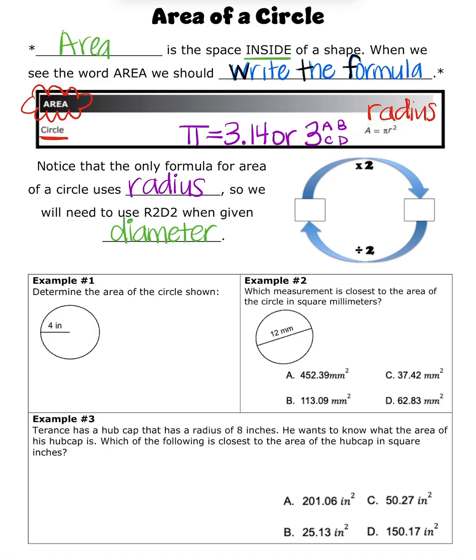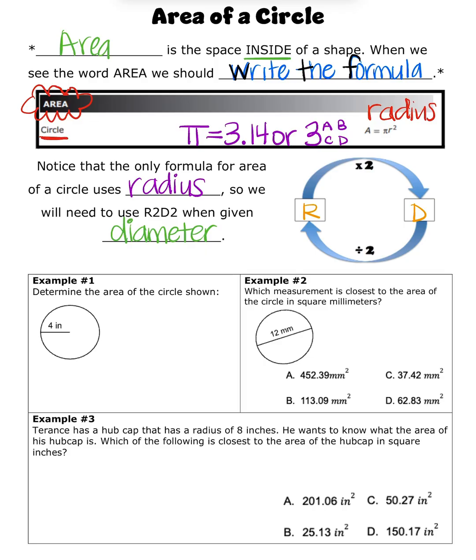So we will need to use R2D2. So remember, radius times 2 is going to equal that diameter. And diameter divided by 2 is going to equal that radius.